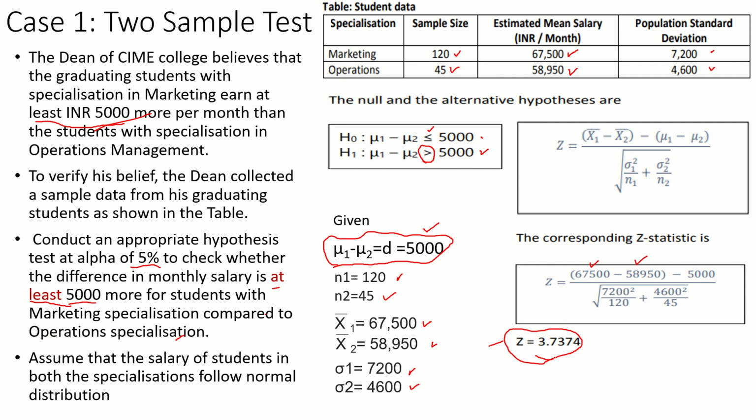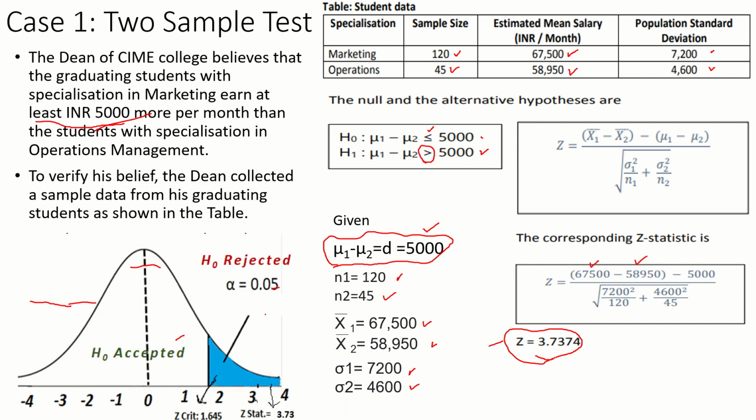So what is the next step? The next step is to find the critical value, Z critical. The Z critical value for the 5% level of significance is 1.645.